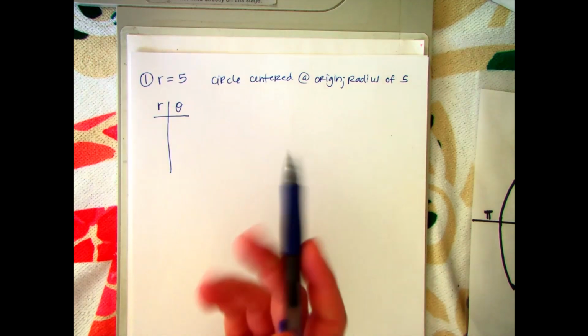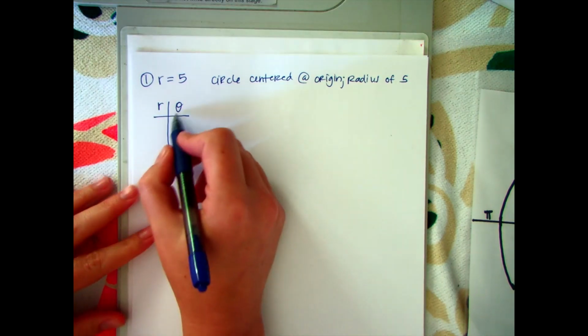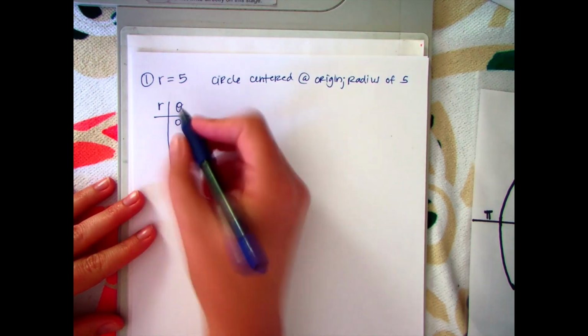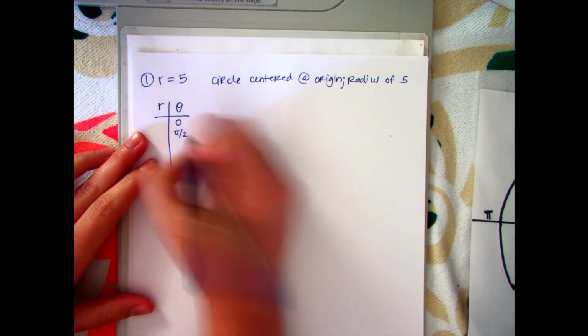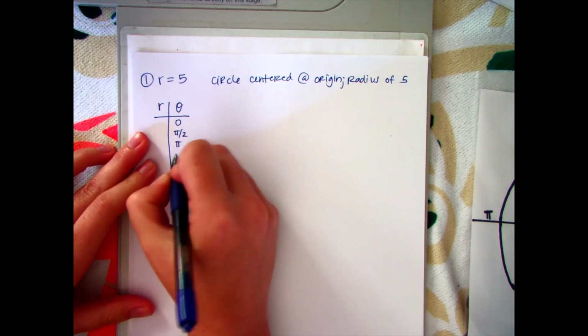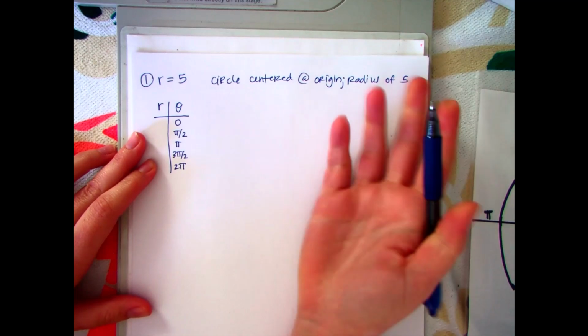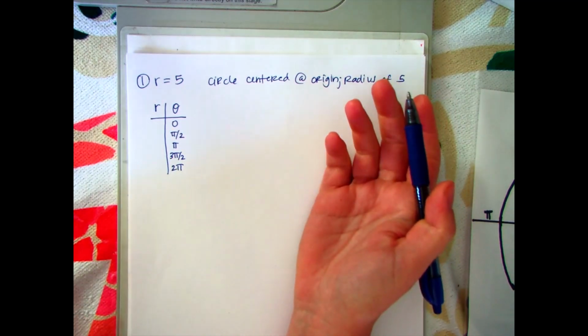So it's a little counterintuitive from what we're used to doing. So I'm just going to go ahead and pick angles, just the quadrantal angles. So 0, pi over 2, pi, 3 pi over 2, and 2 pi. And generally these are the ones we're going to pick. Sometimes I'll change them and I'll let you know why I'm doing that.